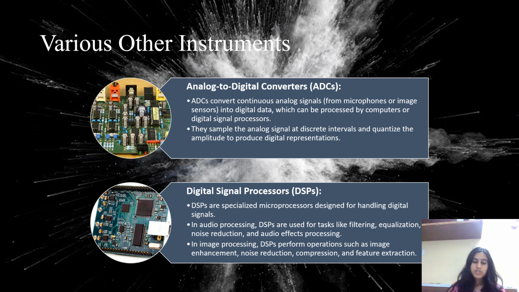These are specially designed for handling digital signals. In audio processing, they are used for filtering, equalization, and other audio effects processing. And in image processing, they are used for image enhancement, compression, as I've talked about in earlier slides, and some feature extraction.